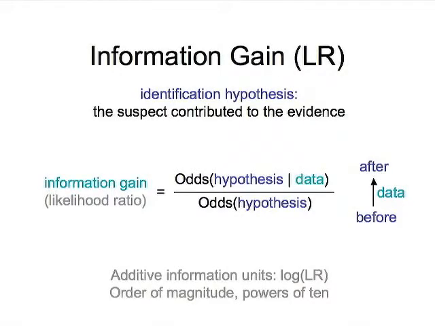Okay, so how do we measure the information that we gained when we end up comparing an inferred genotype to a suspect's genotype? We use a form of Bayes' theorem that measures the information gain. It's often called the likelihood ratio, or LR, for reasons I won't go into.